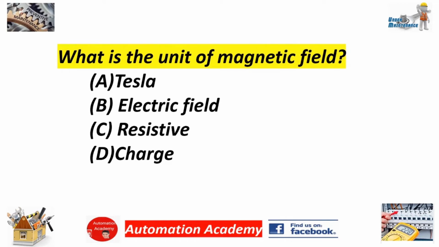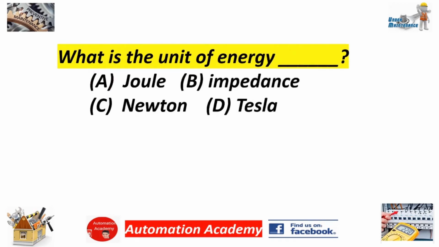C. Resistive. D. Charge. Answer: Tesla. What is the unit of energy? A. Joule. B. Impedance. C. Newton. D. Tesla. Answer: A. Joule.